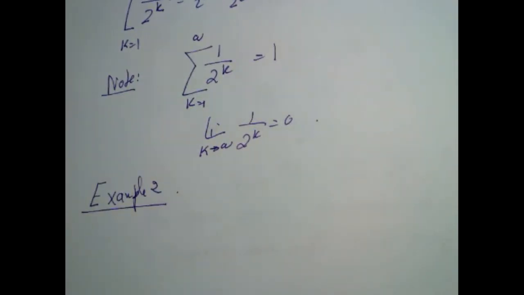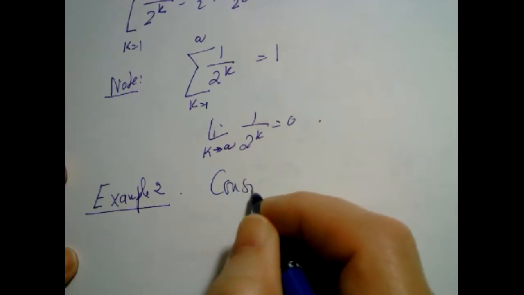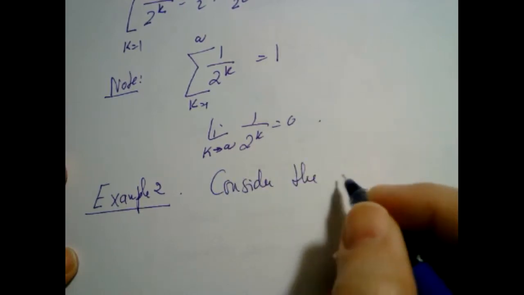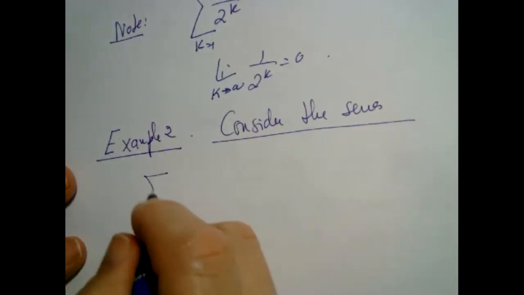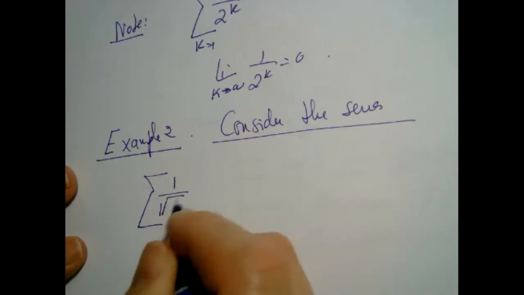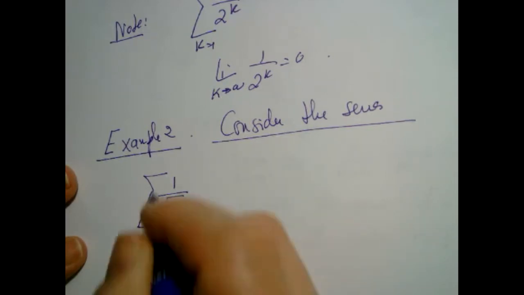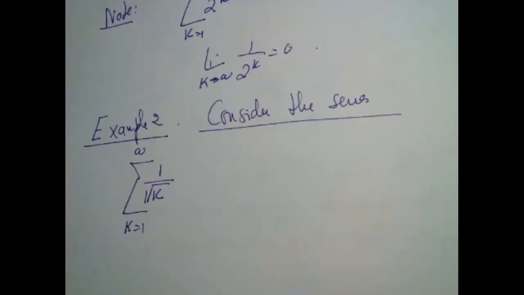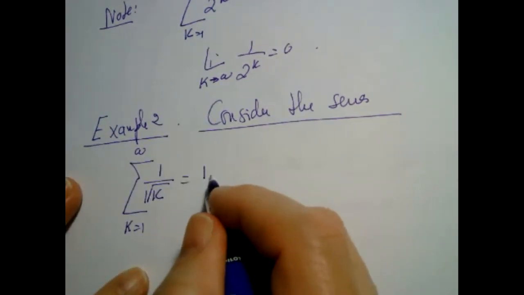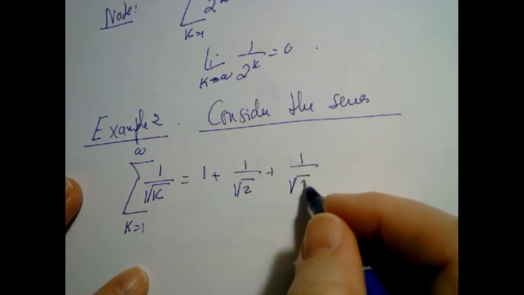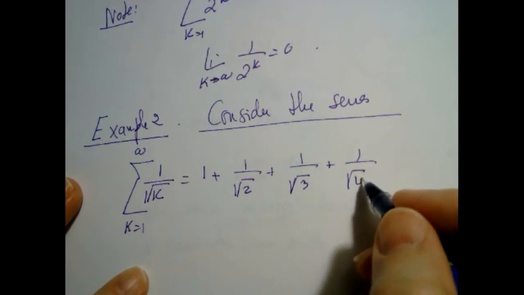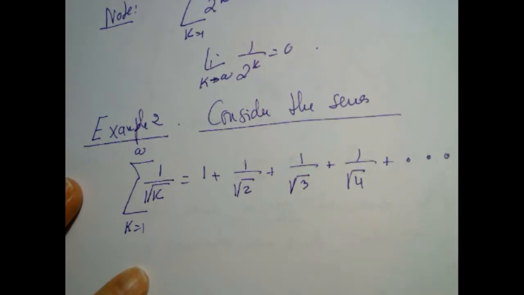Let me take the following series: sigma 1 over the square root of k, k equal 1 to infinity. And this is 1 plus 1 over square root of 2, 1 over square root of 3, 1 over square root of 4, and so on and so forth.